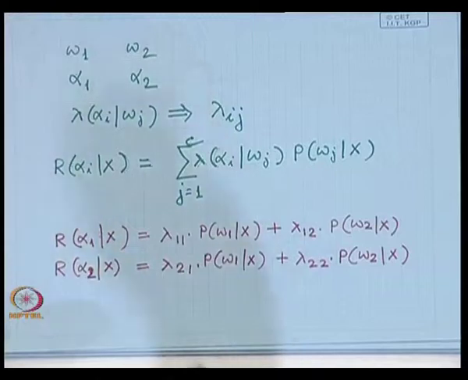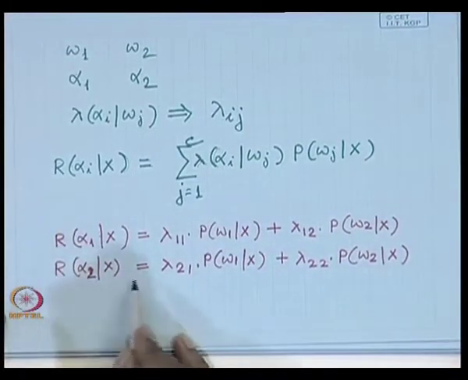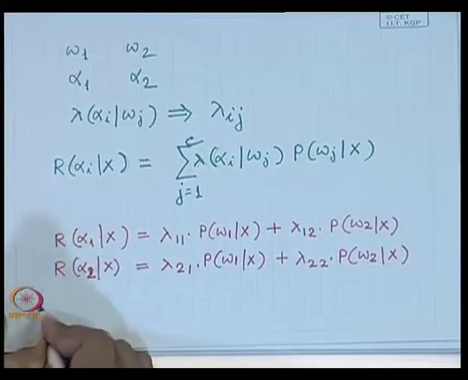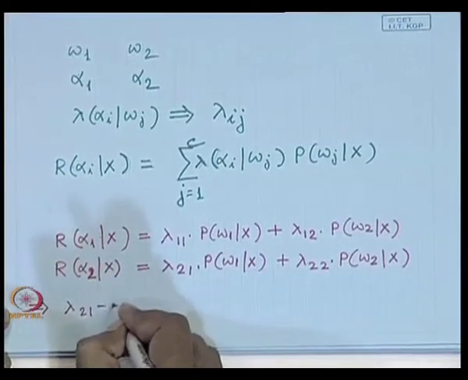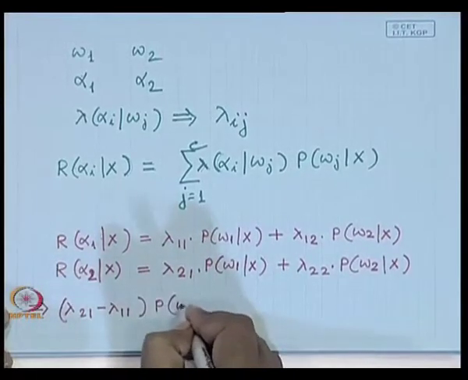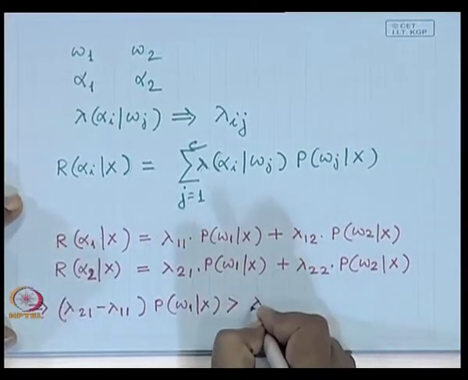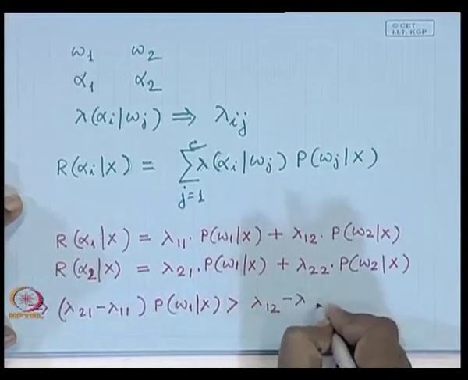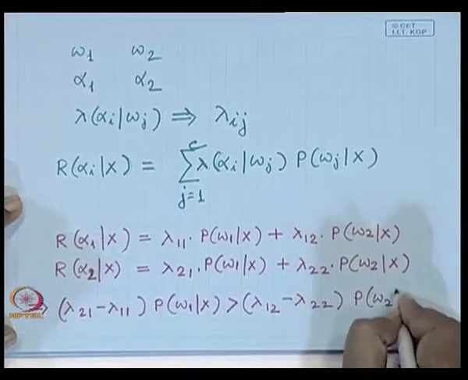Under that condition, for deciding in favor of class omega 1 or for taking an action alpha 1, where r of alpha 1 given x will be less than r of alpha 2 given x, you can find that this leads to a condition that lambda 2 1 minus lambda 1 1 into p of omega 1 given x has to be greater than lambda 1 2 minus lambda 2 2 into p of omega 2 given x.